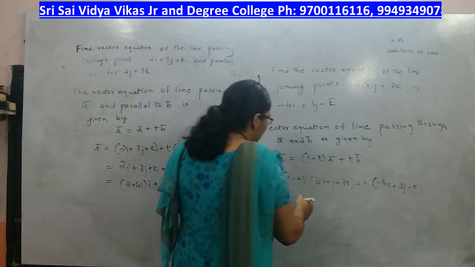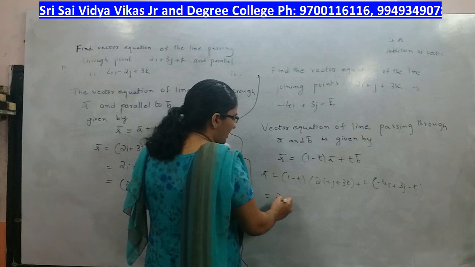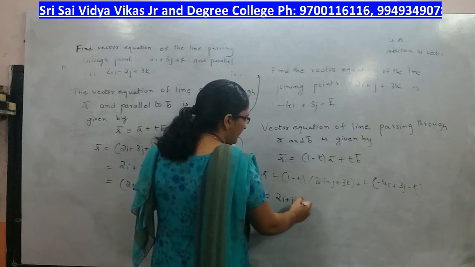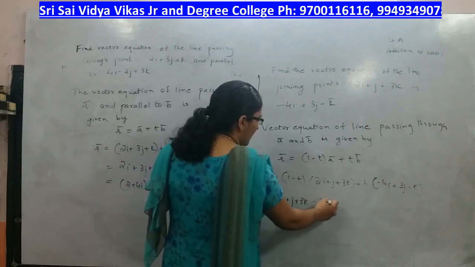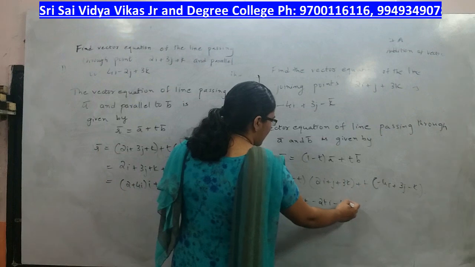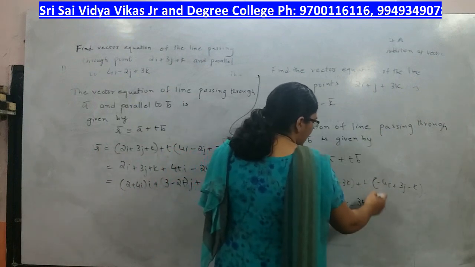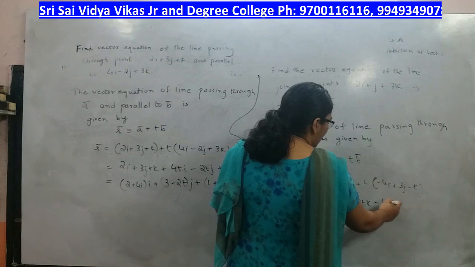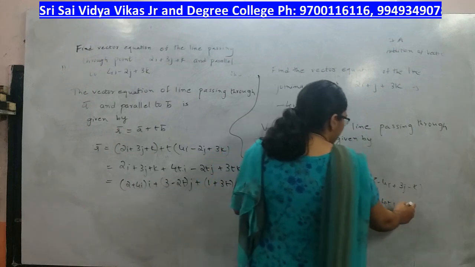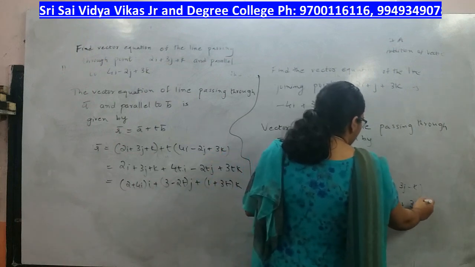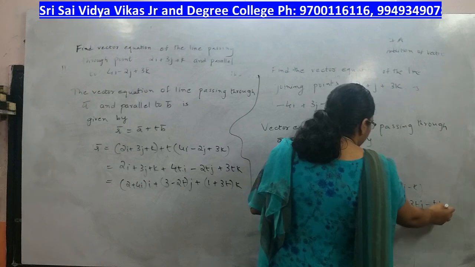Let us open this. So what do you get on opening? 2i plus j plus 3k minus 2ti minus tj minus 3tk minus 4ti plus 3tj minus tk.